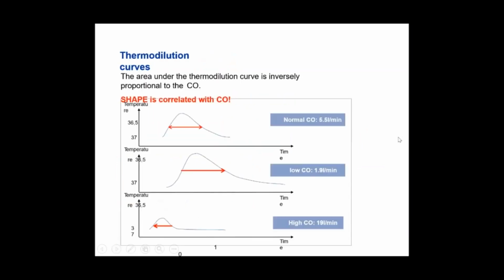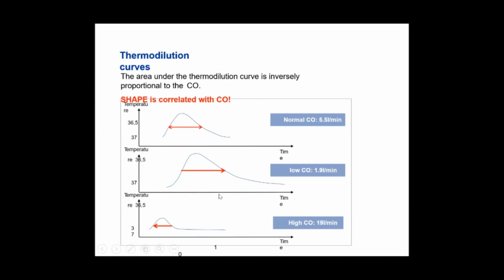This is an interesting picture, the thermodilution curve, so the shape of that is correlated with cardiac output. Broadly, when you observe the thermodilution curve itself, you can always correlate it with your cardiac output, whether your curve is correlating with the cardiac output shown on the monitor. The area under the thermodilution curve is inversely proportional to the cardiac output.